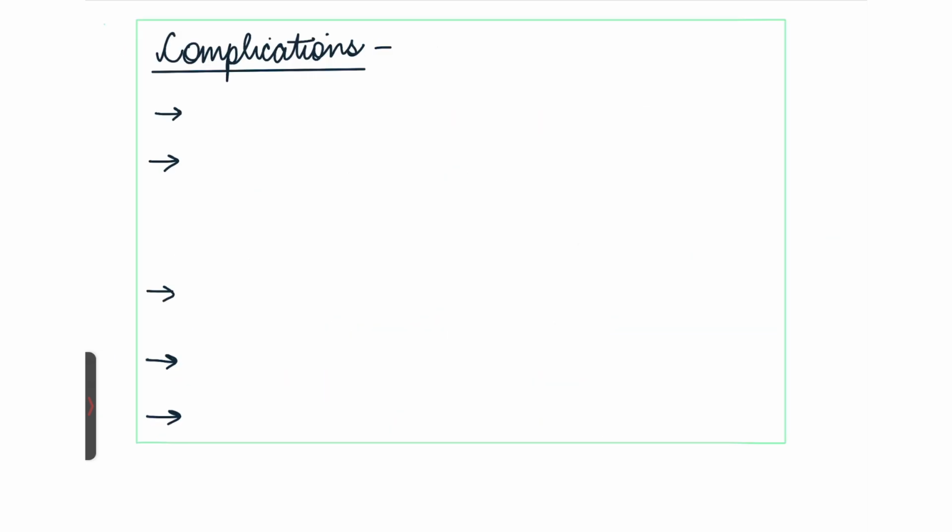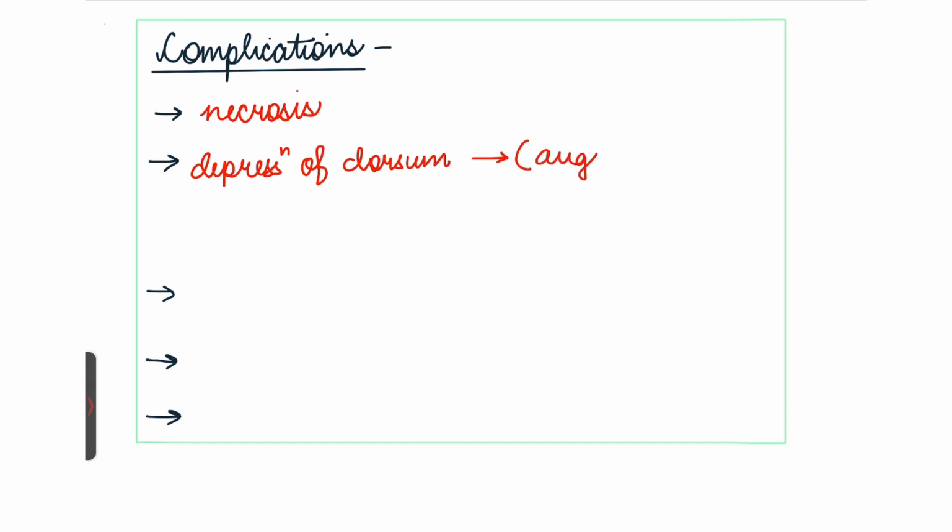According to the pathophysiology, the blood supply of the cartilage is disrupted and it gets necrosed. So necrosis is a complication. Then depression of the dorsum follows. Depression of dorsum may require augmentation rhinoplasty.